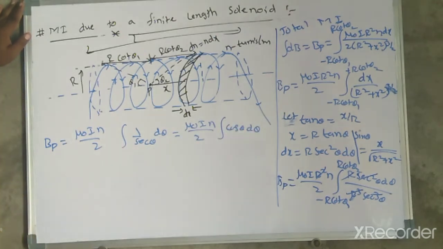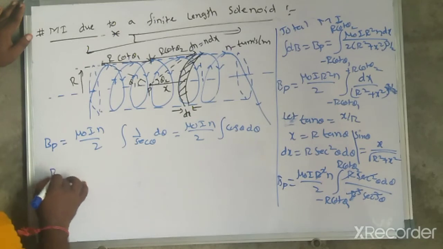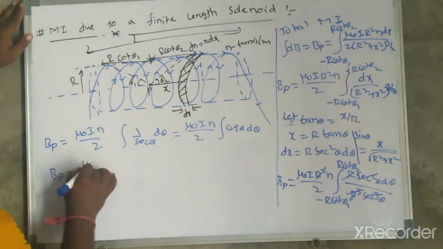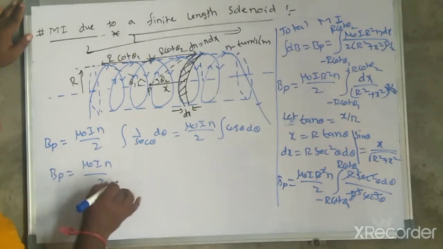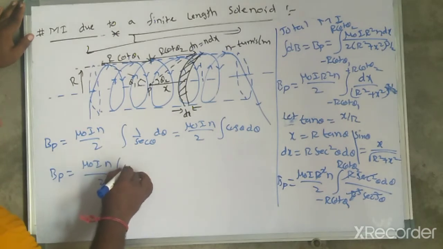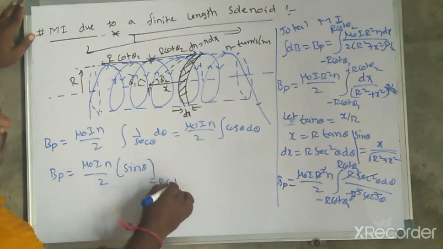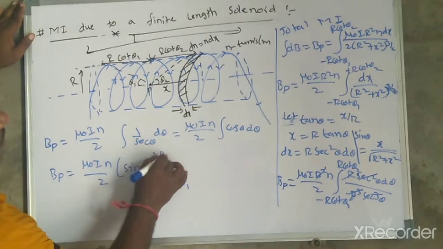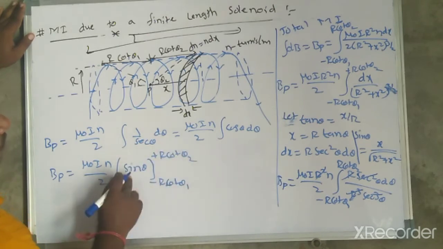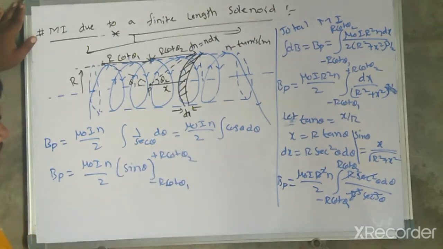The integral of cos theta d theta is sin theta. So dB is equal to mu naught I n divided by 2 into sin theta, with limits minus r cot theta 1 to plus r cot theta 2.